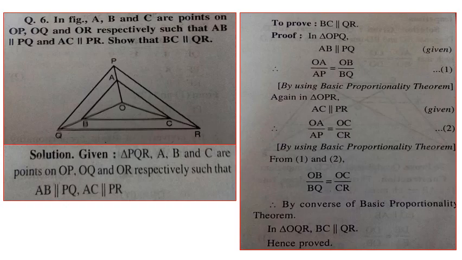This shows that in triangle OQR, OB by BQ is equal to OC by CR. It shows that BC divides the sides OQ and OR in the same ratio. So by the converse of basic proportionality theorem, in triangle OQR, BC is parallel to QR. Hence the result.